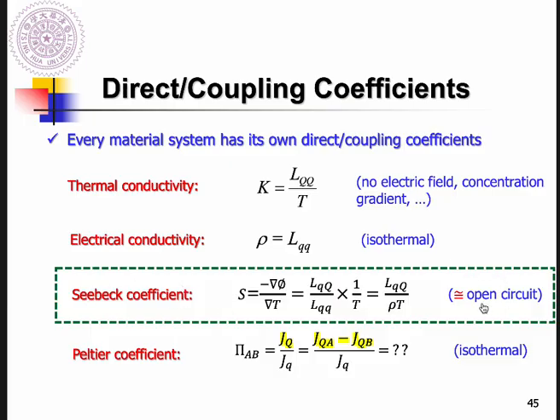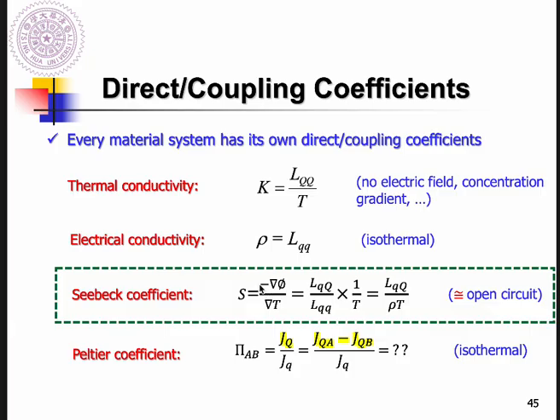So let me give you a quick summary of the Seebeck coefficient. We have finished that. The Seebeck coefficient is defined by how much electrical potential gradient is generated when you apply a given temperature gradient. We call it the Seebeck coefficient.